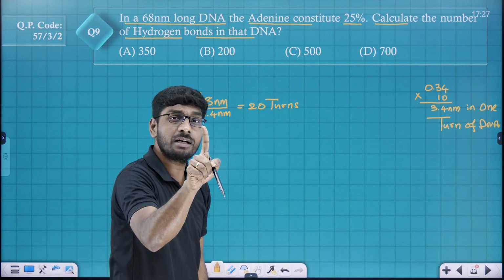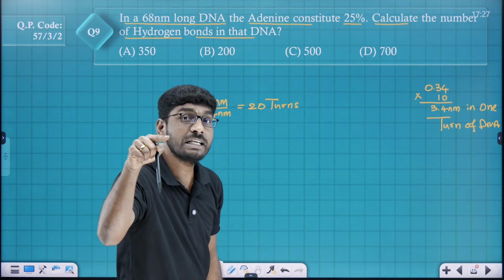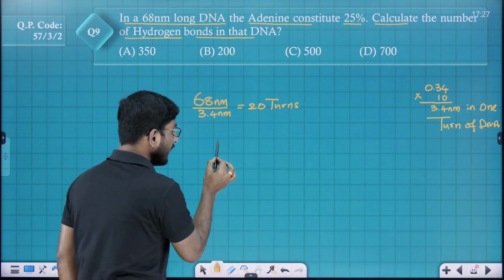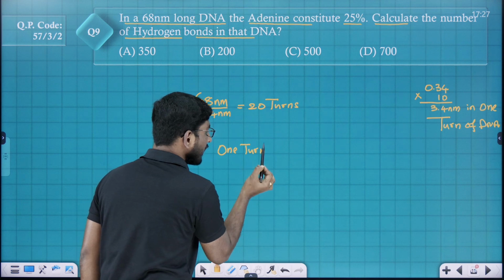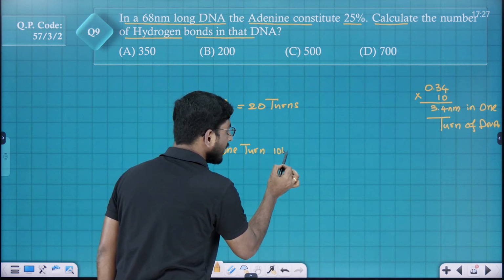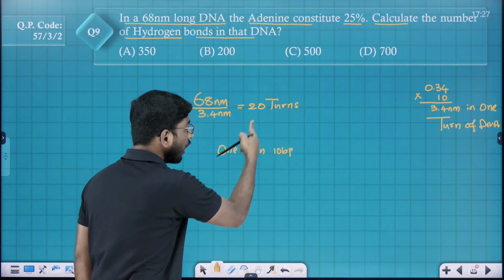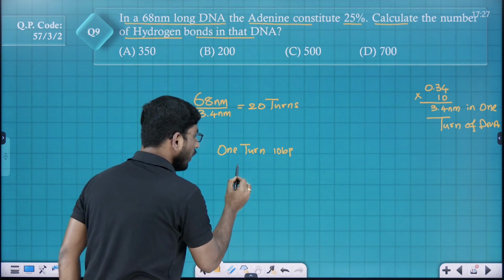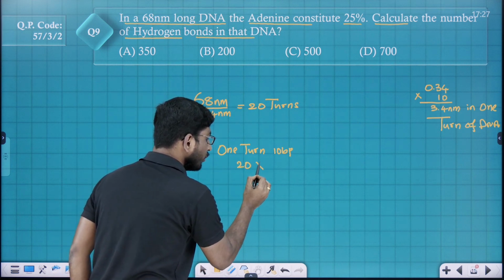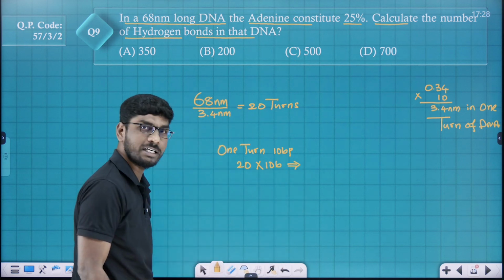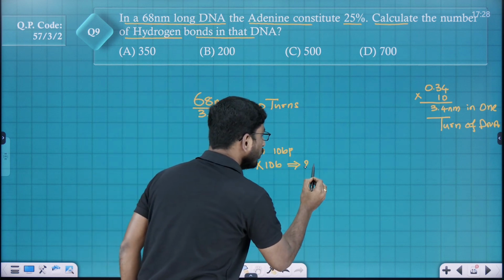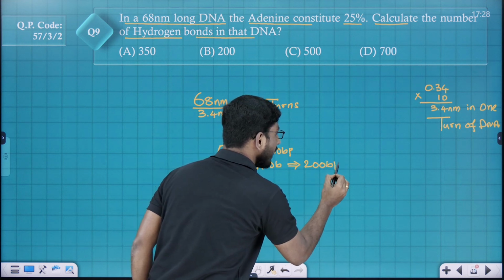In each turn, there are 10 base pairs. So 20 into 10 base pairs, you will get a total of 200 base pairs.